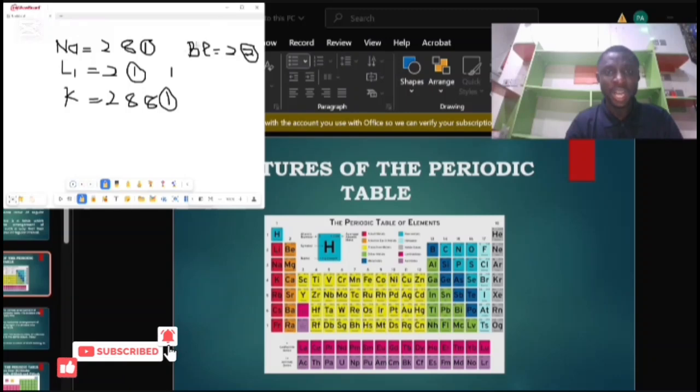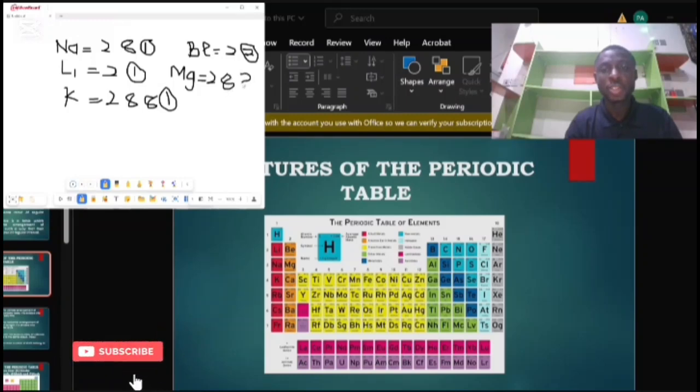Let's go to another element in group 2, and that is magnesium. I want to write the electron configuration of magnesium so we can see. The electron configuration of magnesium is 2, 8, 2. So the valence electron here is also 2.